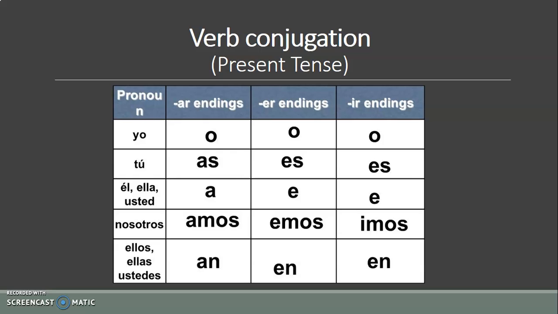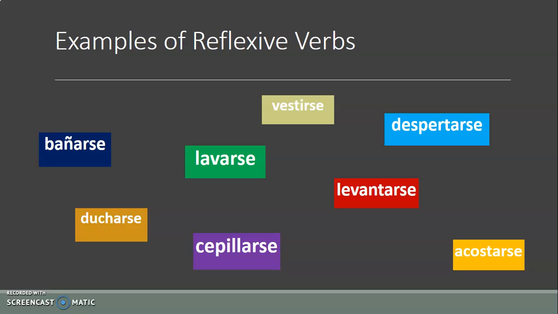And if you haven't watched the last video on verb conjugation with AR, ER, and IR verbs, then you can go and do that right now and then come back and watch this video. In the meantime, let's go on to look at some examples of reflexive verbs.